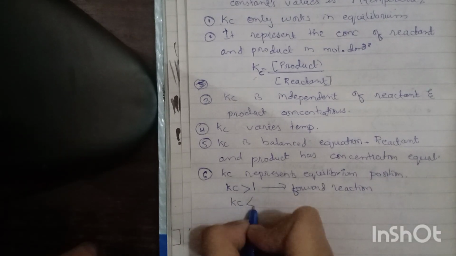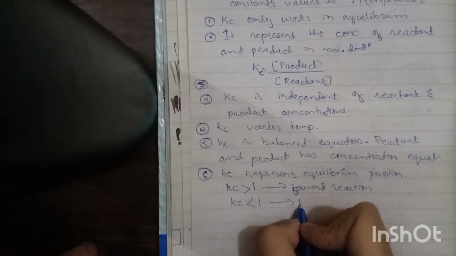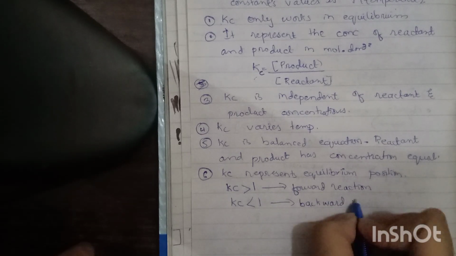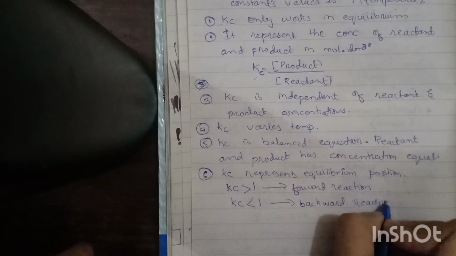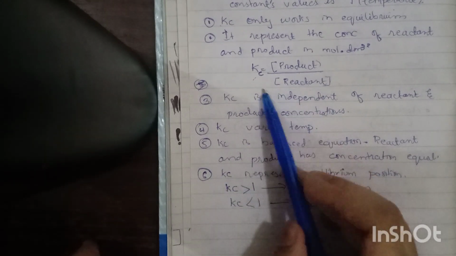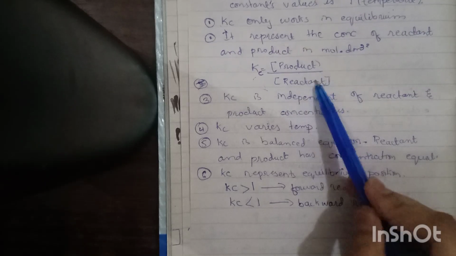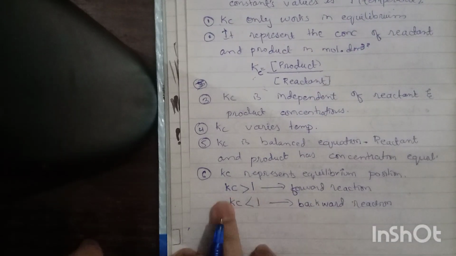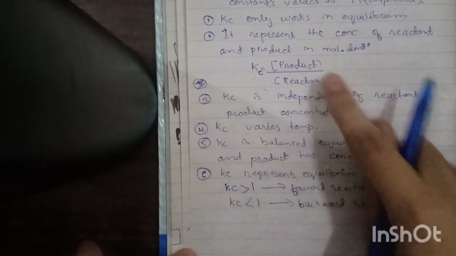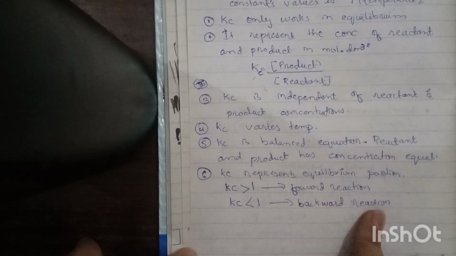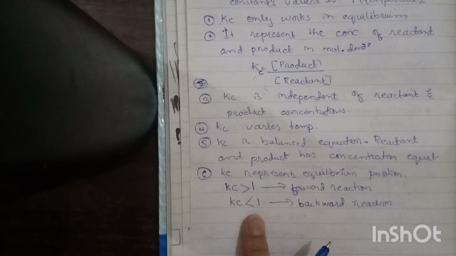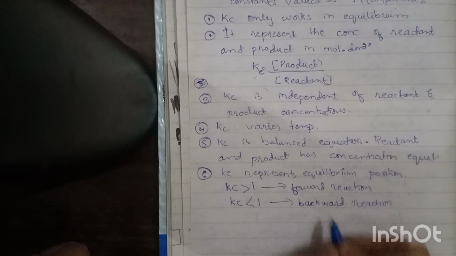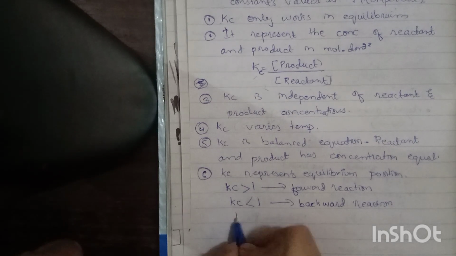If Kc is less than 1, we can say it is a reverse, or backward, reaction. Here we have the formula. First you put the product here, reactant here, you divide them, and if you see that Kc is greater than 1, you can say it is forward.